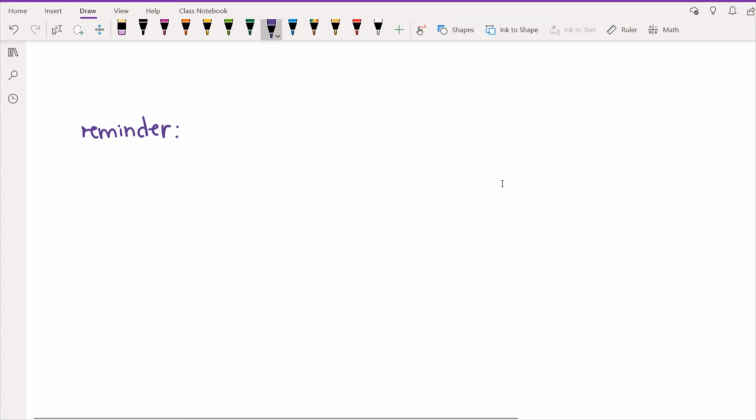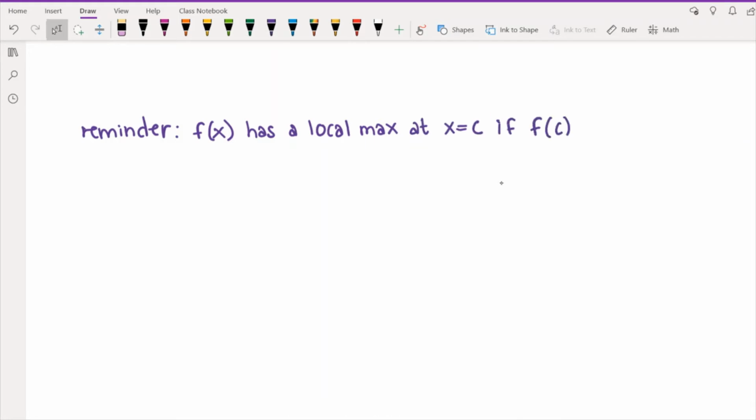So let me say it this way. A function f of x has a local max at x equals c if f of c is higher than the points around it.